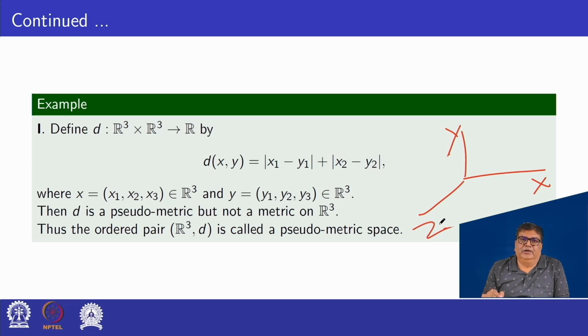But the distance function is defined in the xy plane, that is dxy defined here in the xy plane. So, here x is equal to (x1, x2, x3), y is equal to (y1, y2, y3), all are elements of R cube. Then d is a pseudometric but not a metric on R cube. Thus, the ordered pair (R cube, d) is called a pseudometric space.